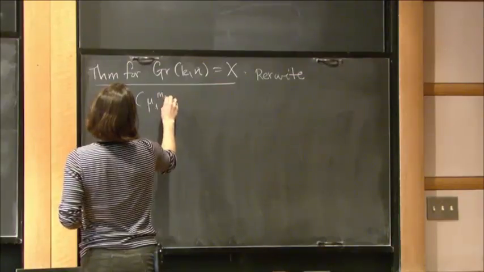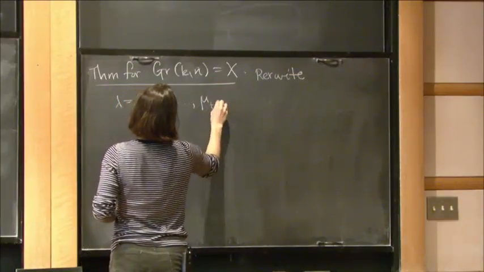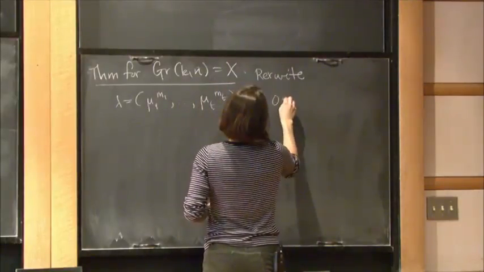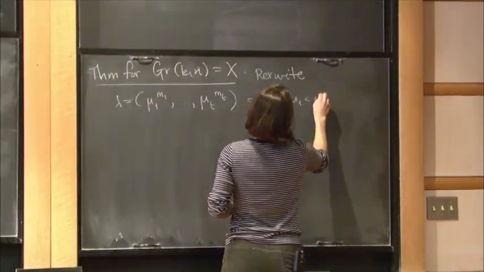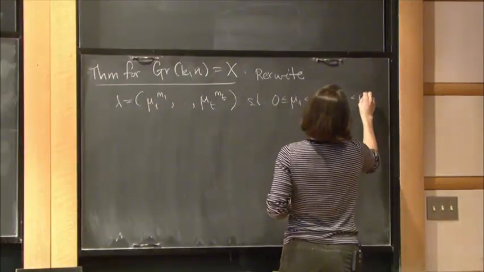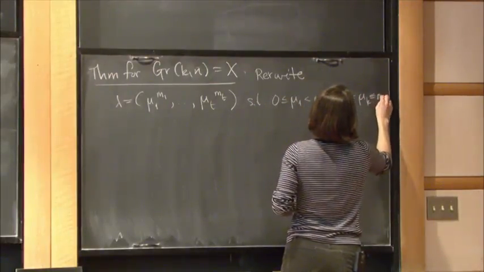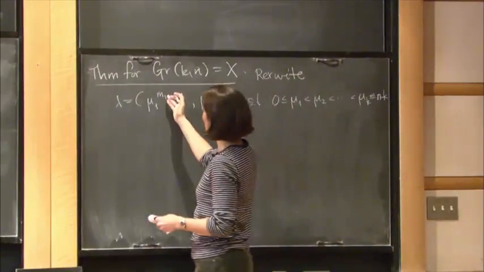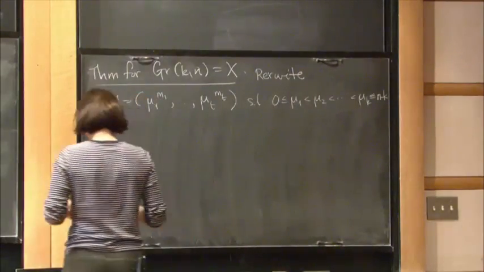So u1, m1, all the way up to ut, mt, so that 0 is less than or equal to mu1, less than mu2, and so on. All I've done is group together like terms, okay, and there are m1 terms of u1.